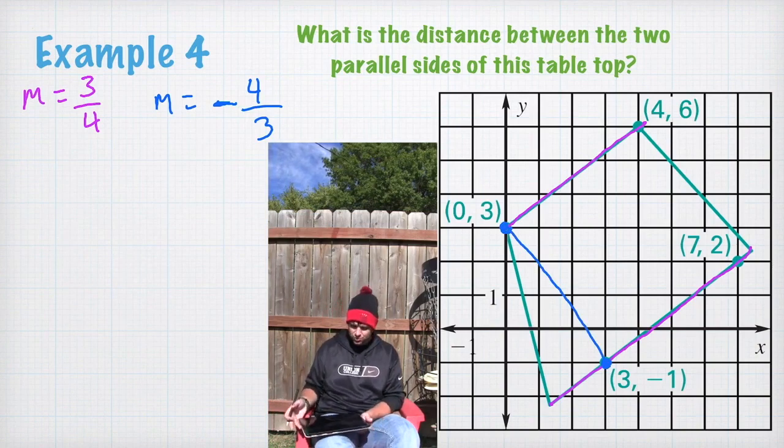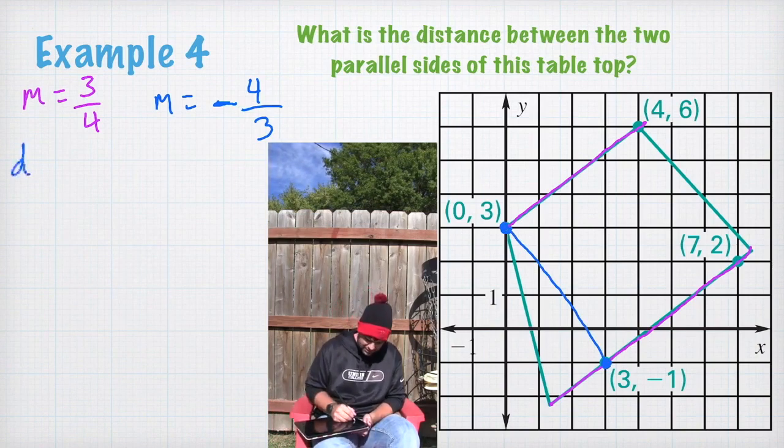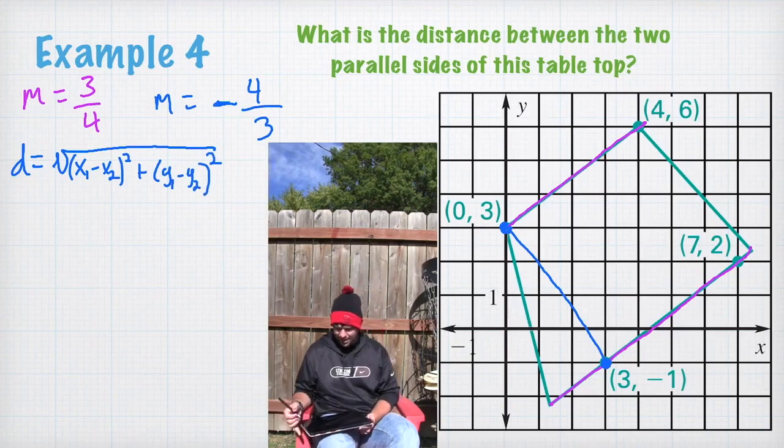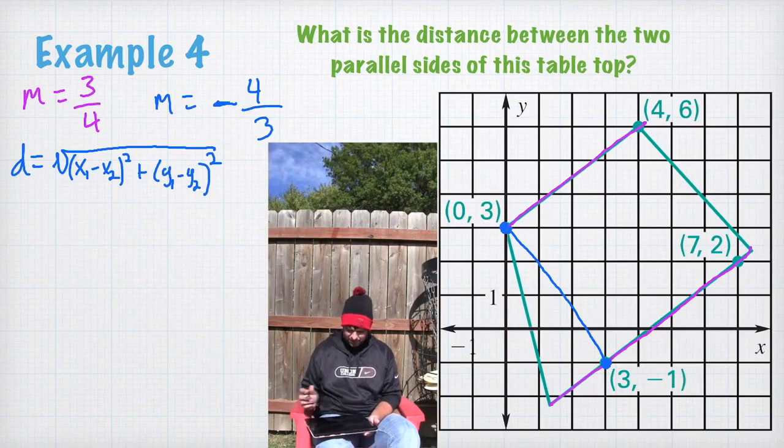So to find the distance, we know the distance formula, where d equals the square root of (x1 minus x2) squared plus (y1 minus y2) squared. So we just need to plug in our points into this formula to finish solving this.